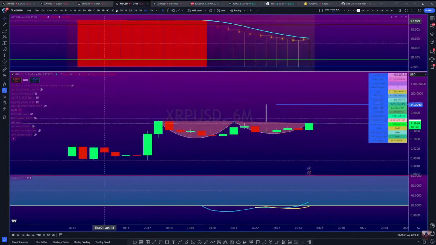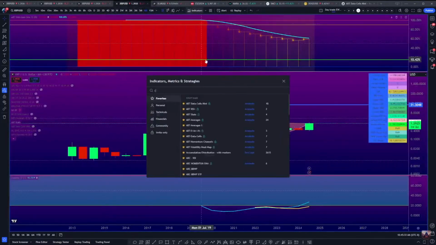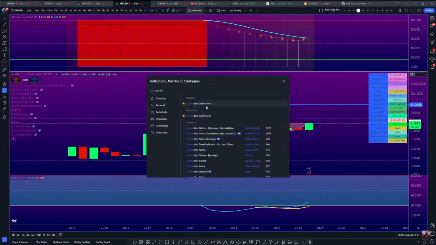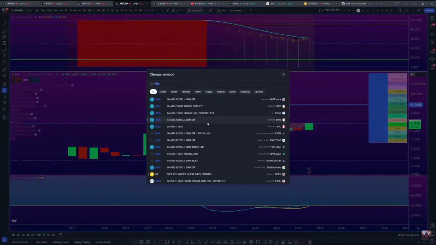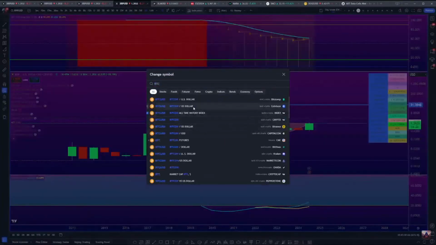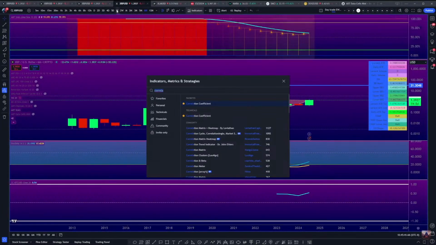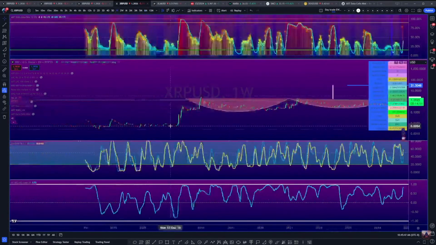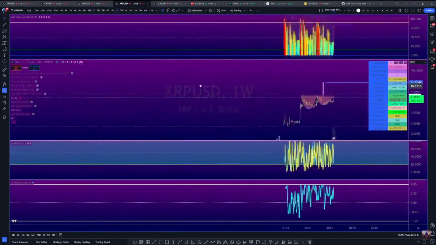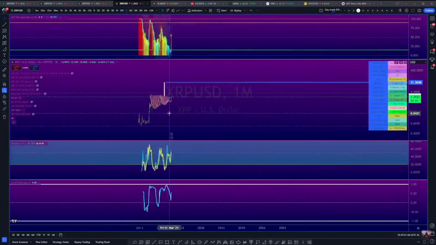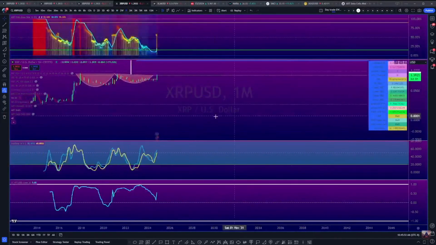So we pull up the correlation coefficient. I realized I didn't keep it in there, so it's all good. Against BTC all-time history index. Let's apply that. Let's go to the monthly time. Yeah, monthly time. Here we go.